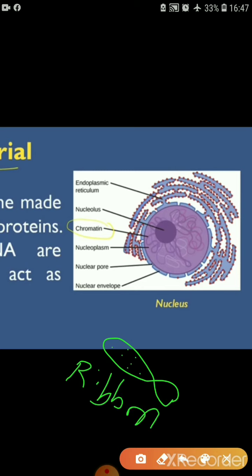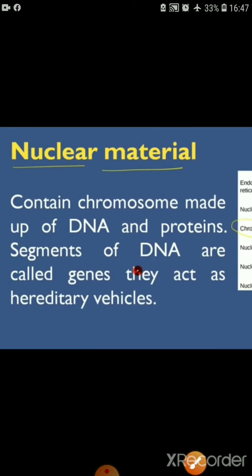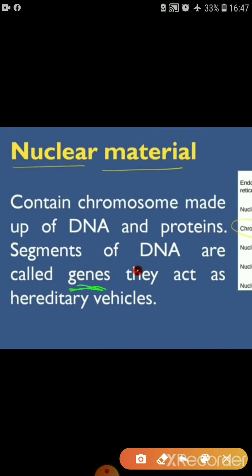These ribbons have small segments, like small pores in the ribbons. In the middle you can see these small dot-like structures, which are called genes. These are only genes.